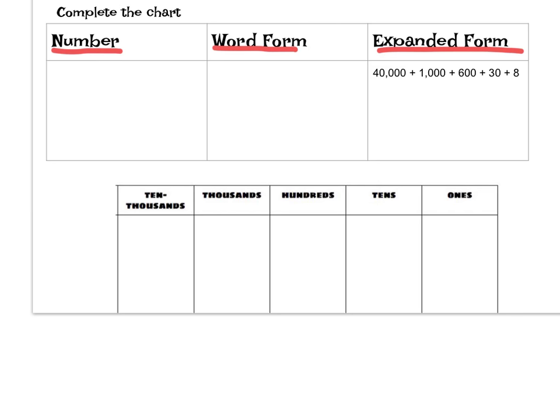So I have 40,000. So I'm going to come over and I'm going to say that that is 4 10,000s. Then I have 1,000. 600 would be the same as 6 hundreds. 30 is the same as 3 tens, and 8 ones. So now I basically have my number written in my place value chart.